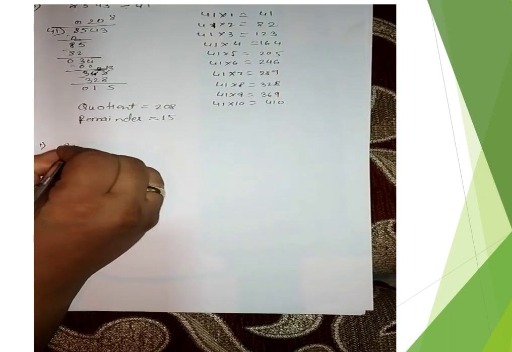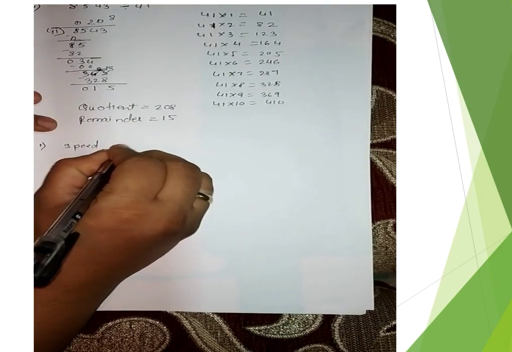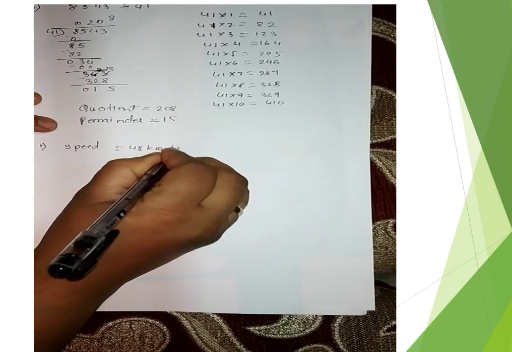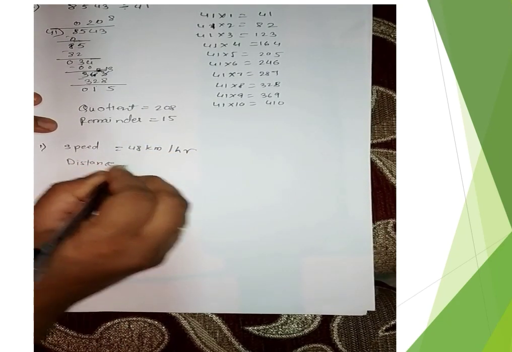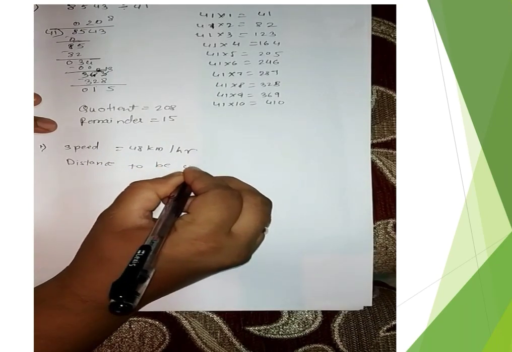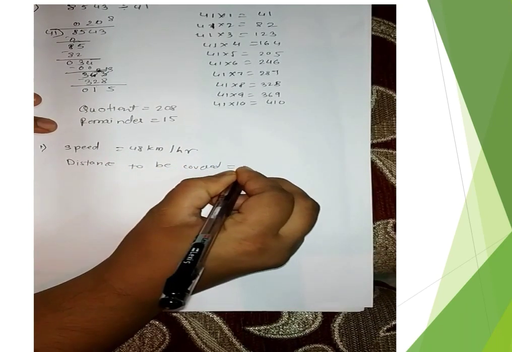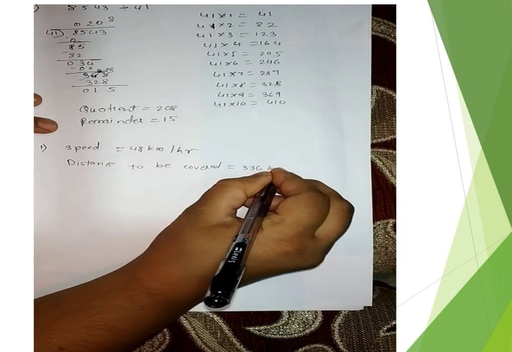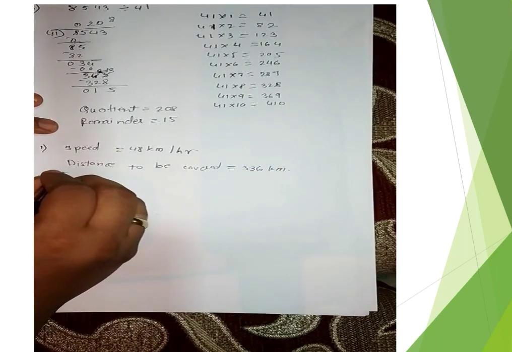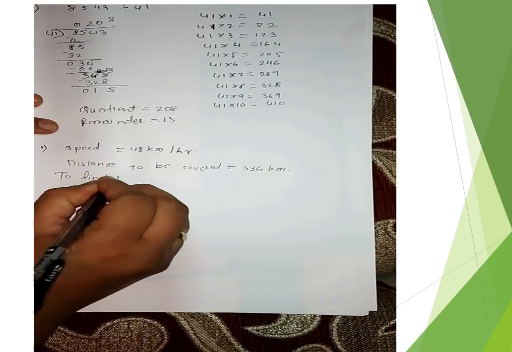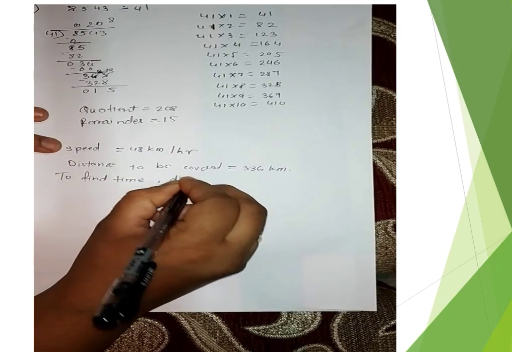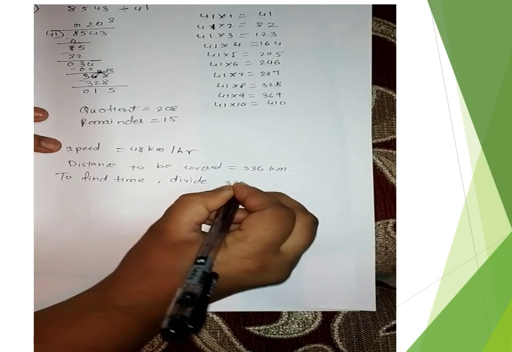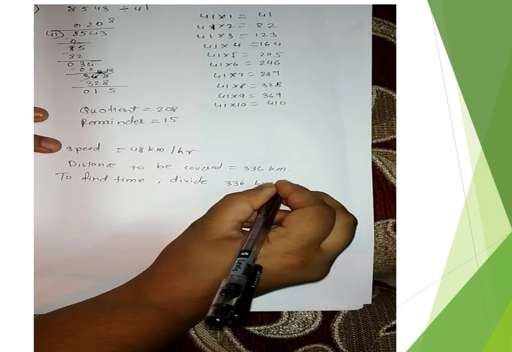Here, the speed is given, 48 km per hour, and the distance to be covered is 336 km. To find time, we need to divide 336 by 48.